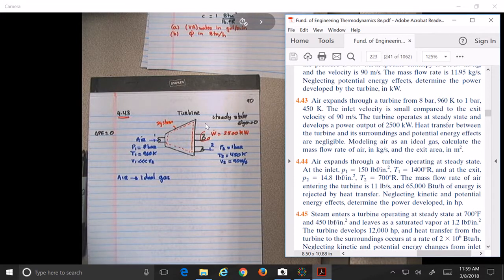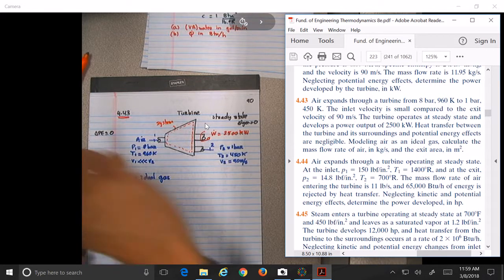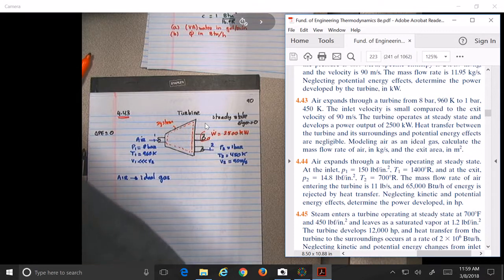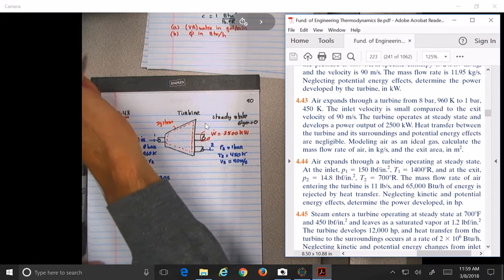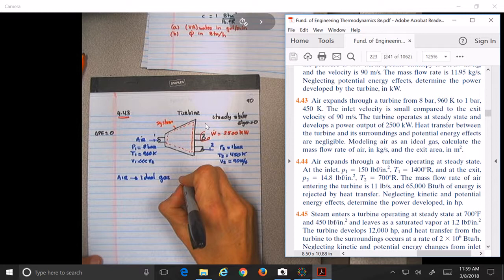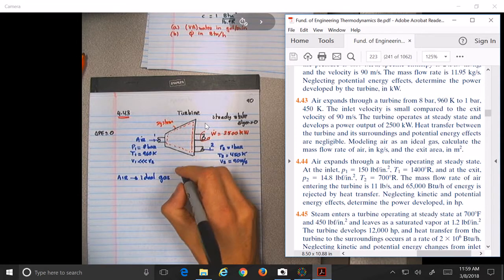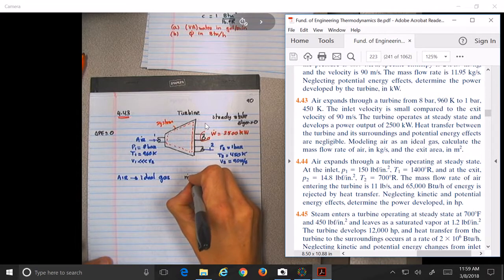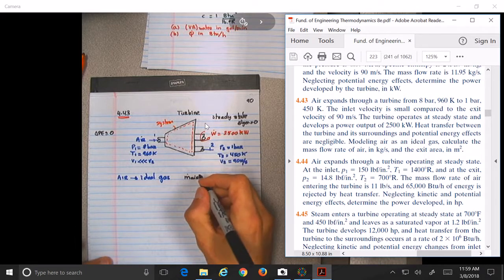So modeling air as an ideal gas, calculate the mass flow rate of air. So we need to find the mass flow rate of air. It's the only substance, so the mass flow of air.